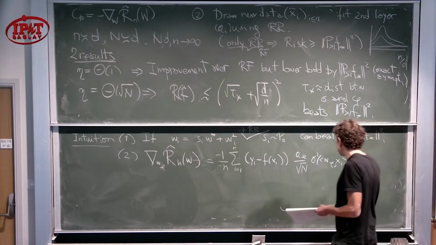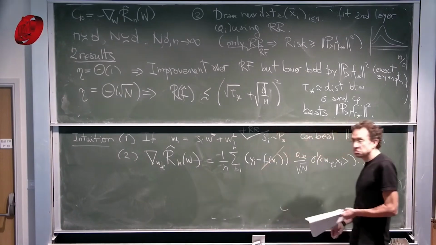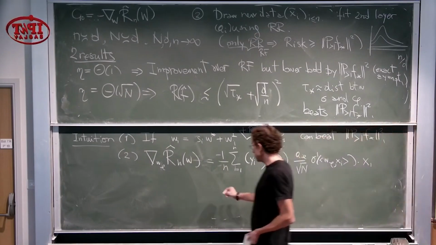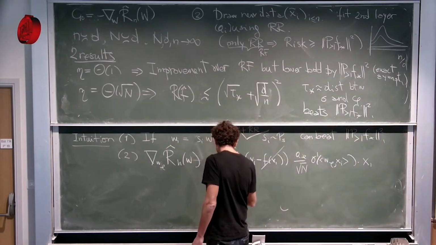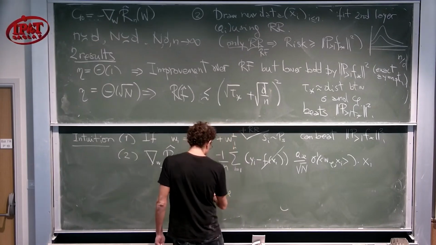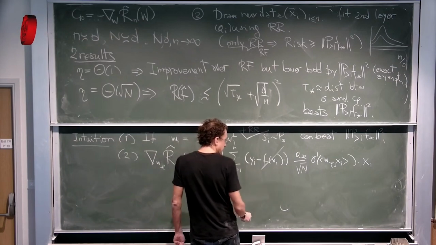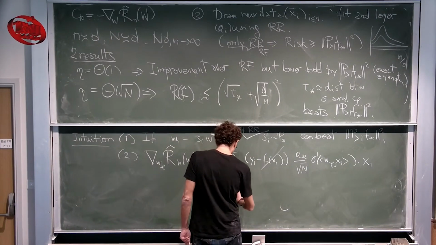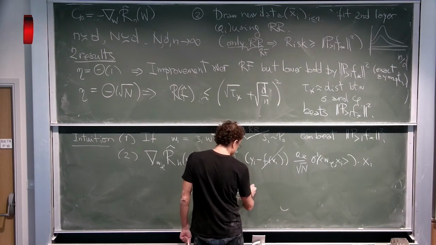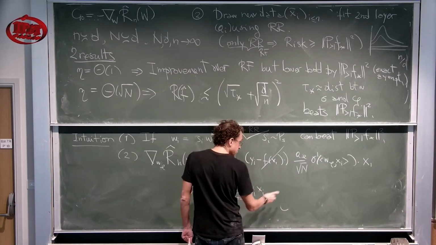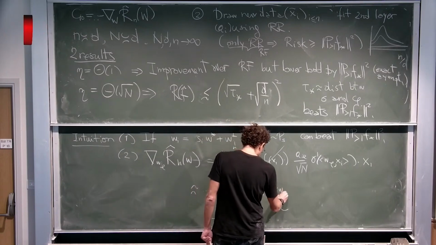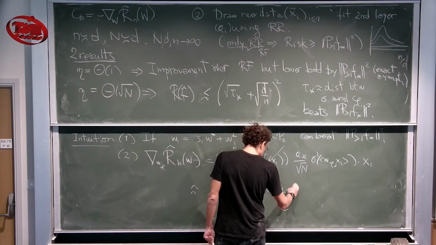If I for a moment neglect this first piece, because at initialization the function is small, then this should be about ai times the sum over i from 1 to n, 1 over n, of yi xi times sigma prime of Wi times xi.